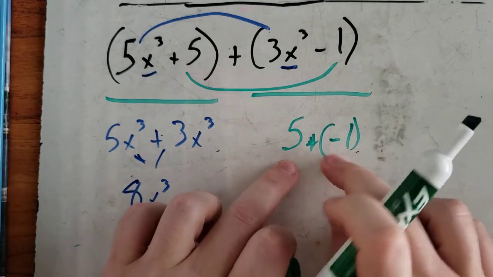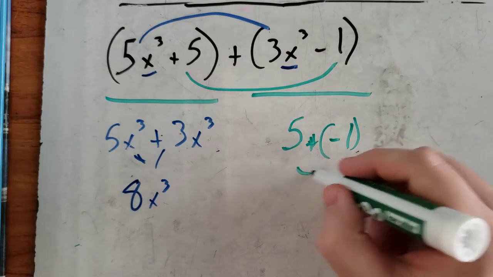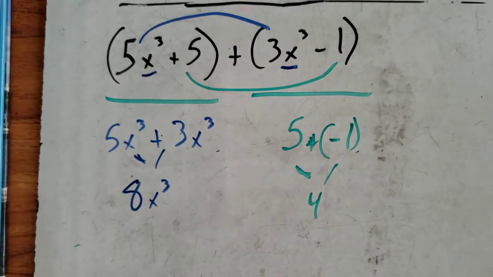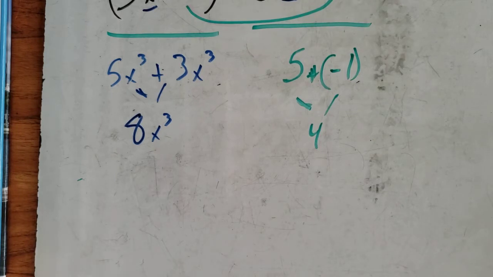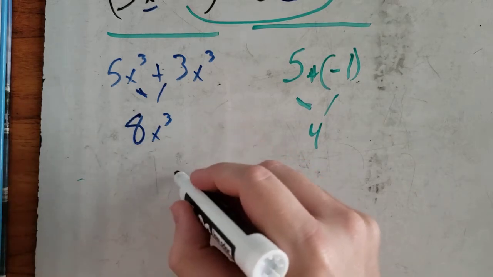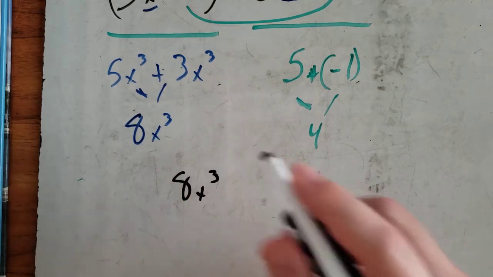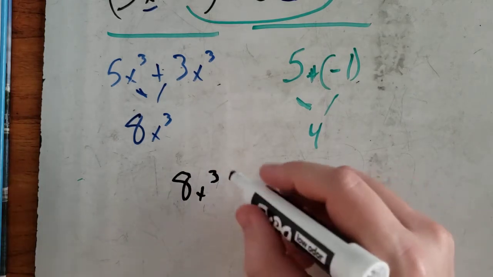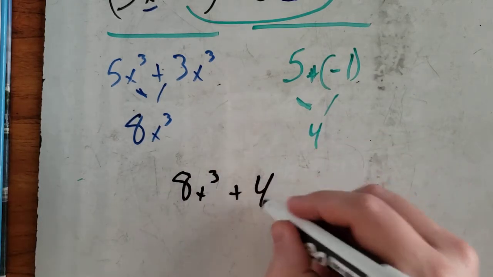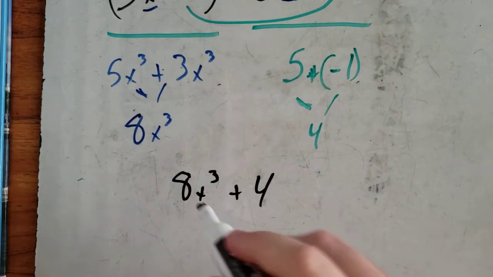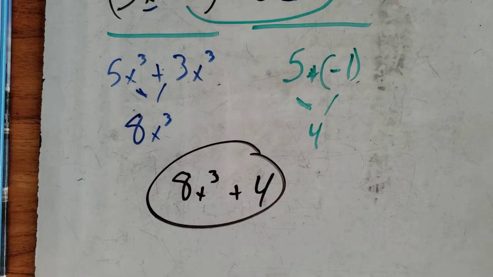Add them: 5 plus negative 1, or 5 minus 1, and you get 4. Now if you put the whole thing together, you get 8x to the third, plus 4, because that's positive 4. And that's all there is to it.